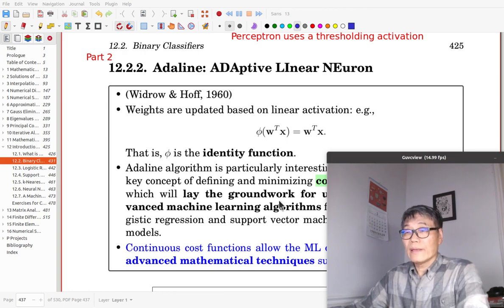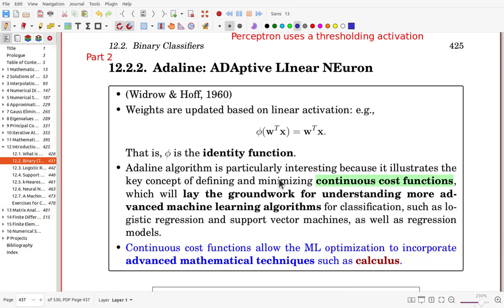Adaline is minimizing a continuous cost function. Continuous cost functions allow the machine learning optimization to incorporate advanced mathematical techniques such as calculus. The objective function is differentiable, so that we can use calculus techniques.